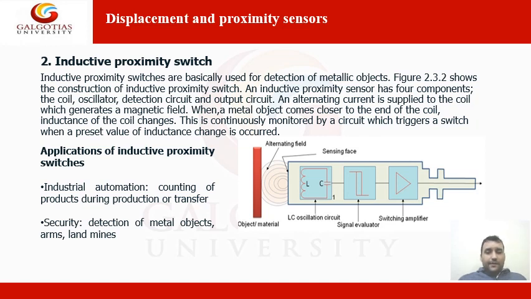Then the signal evaluator moves to switching, and this switching detects whether there is something nearby to this circuit or not. Applications of inductive proximity switches are industrial automation, counting of products during production or transfer, and security detection of metal objects, arms, landmines, etc.